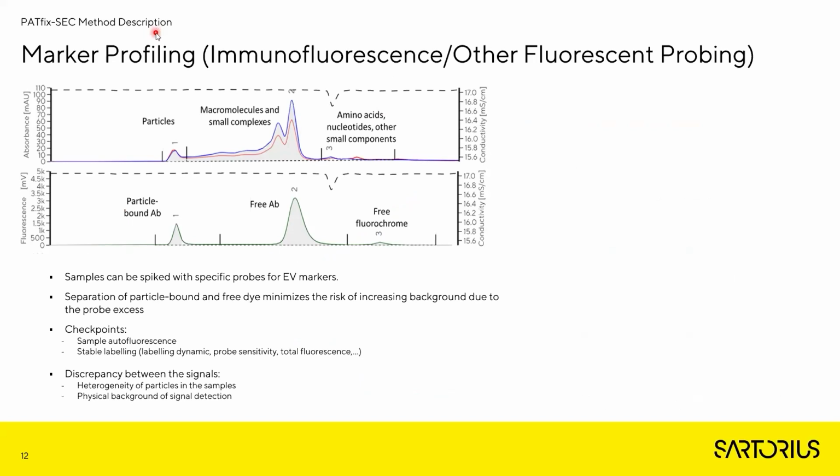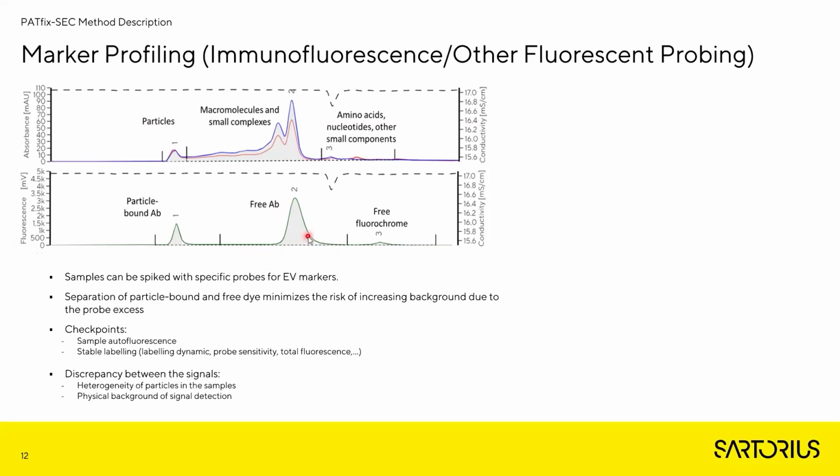One of the very important questions in EV analysis is marker profiling. One of the advantages of size exclusion chromatography is that the bound probe is always already separated from the excess probe during the analysis.